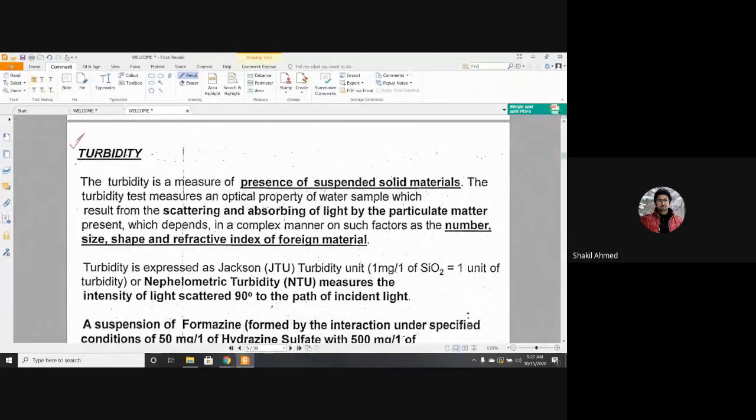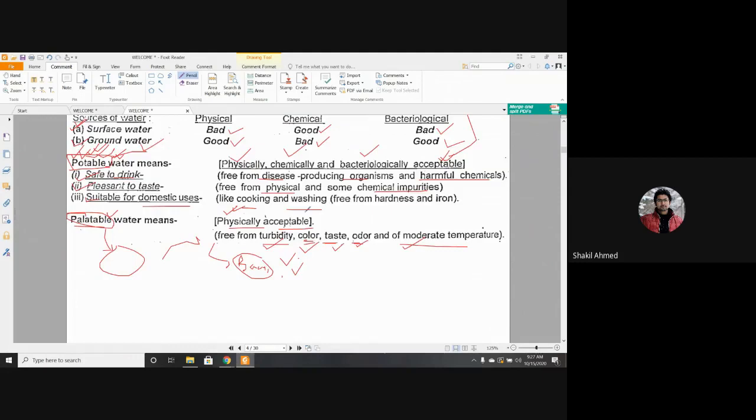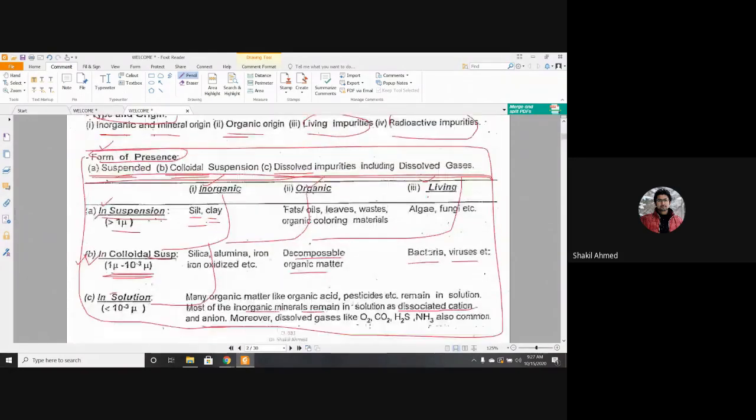Let's see the definition of some parameters. Turbidity. Turbidity is what? Very simple. Turbidity is a measure of the presence of suspended solid material. Remember, suspended solid material. Which one?